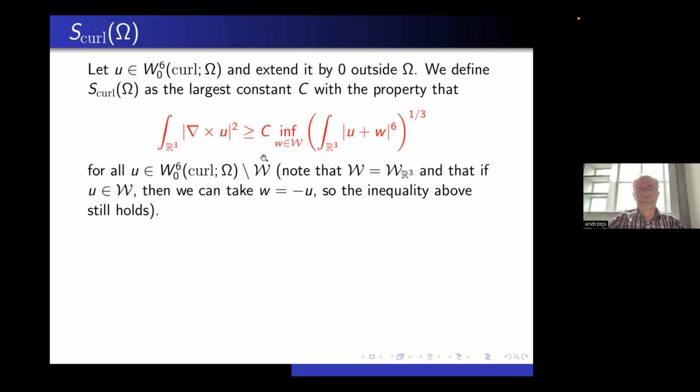But an important thing to observe is that u is supported in omega, but W may not be. So we can take infimum over W, which are defined on the whole of R3.